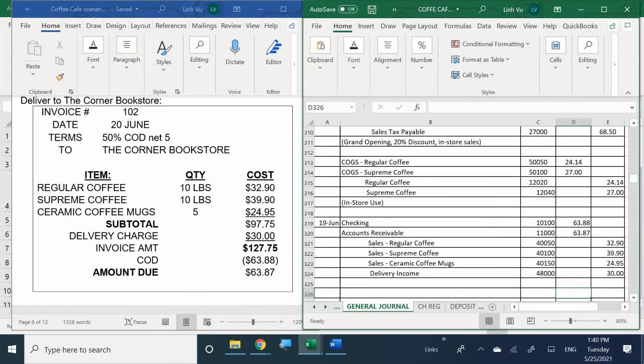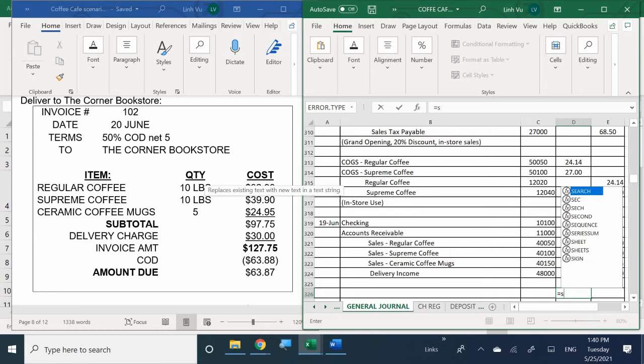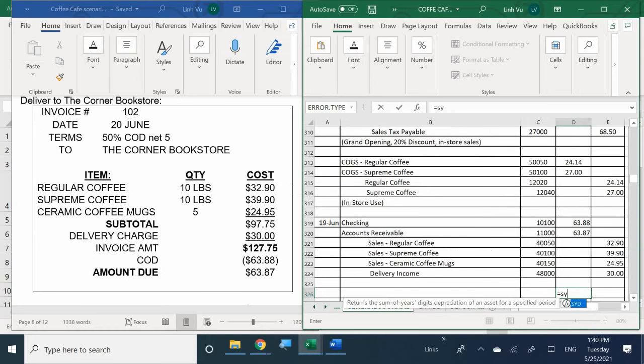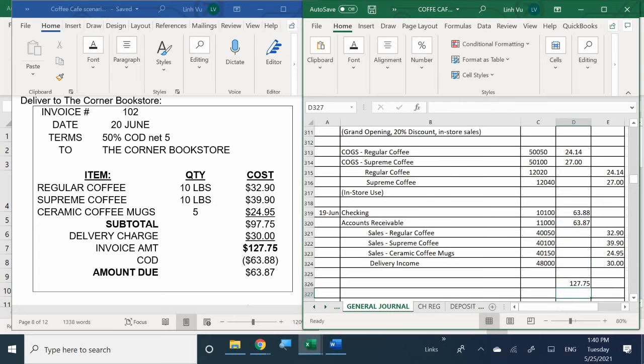All right. First things first, we have to check to make sure our debits match our credits. I have 127.75 on the left side and 127.75 on the right.